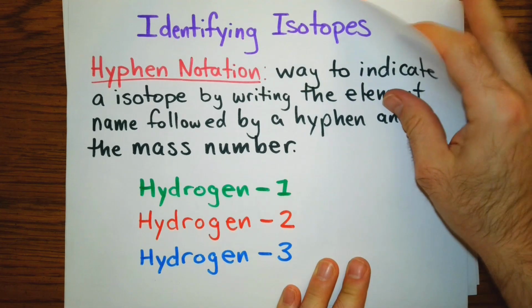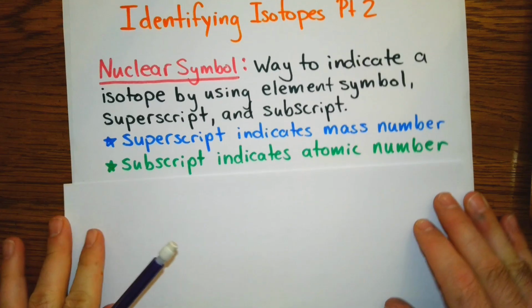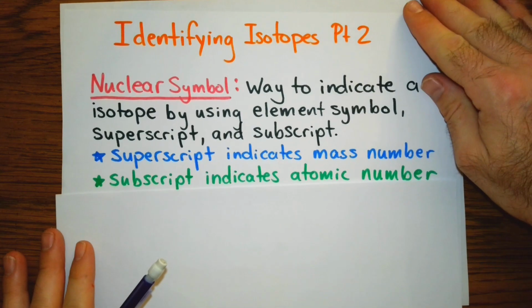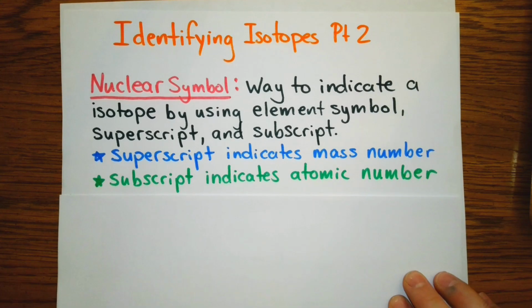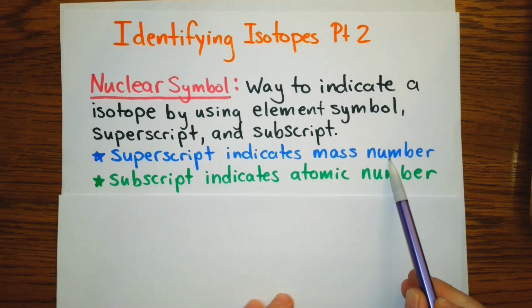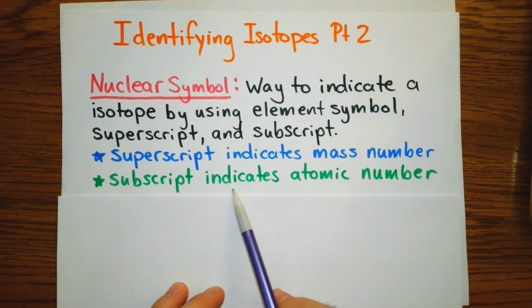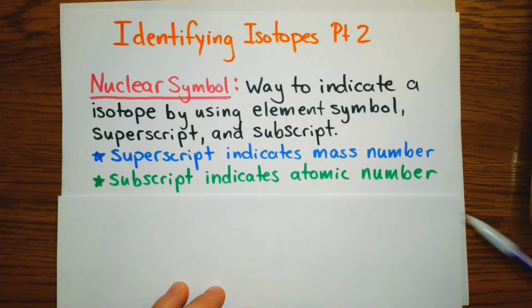There is another notation, okay? This is the nuclear symbol notation. It's a way to indicate an isotope by using the element symbol, superscript, and subscript. The superscript is what indicates the mass number. The subscript, the number that's down below, indicates the atomic number, okay?